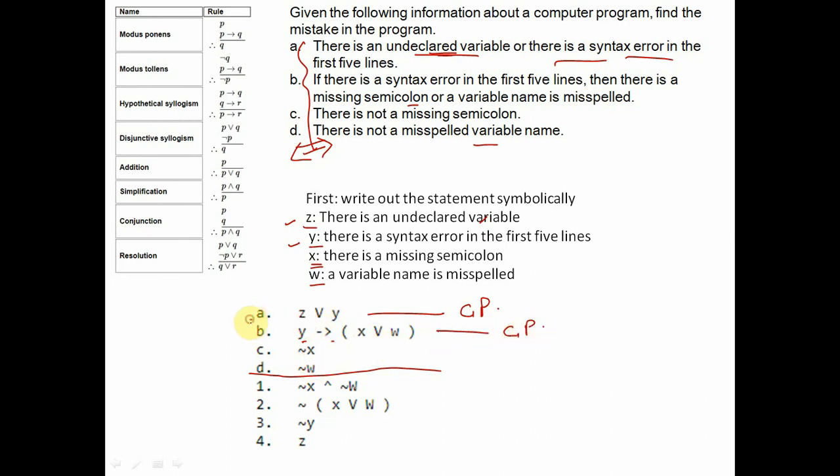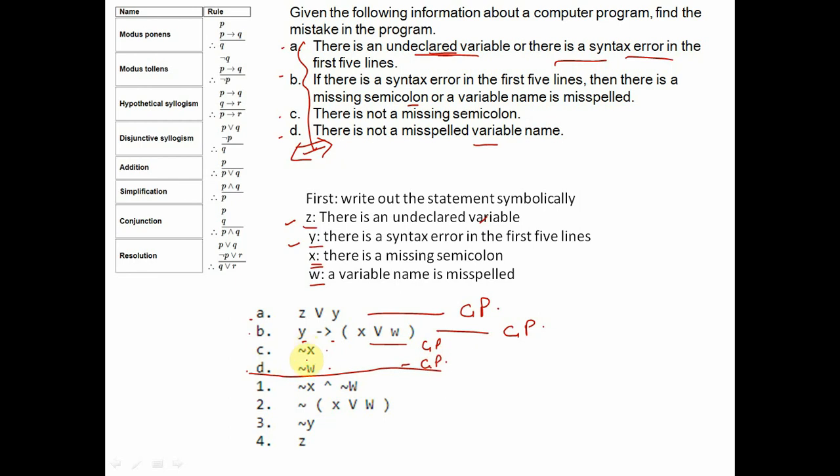We have given them the same names A, B, C, D to match them. The third line says there is not a missing semicolon, so negation of X. Finally, the final line says there is not a misspelled variable name, which says negation of W. So these are the 4 given premises.